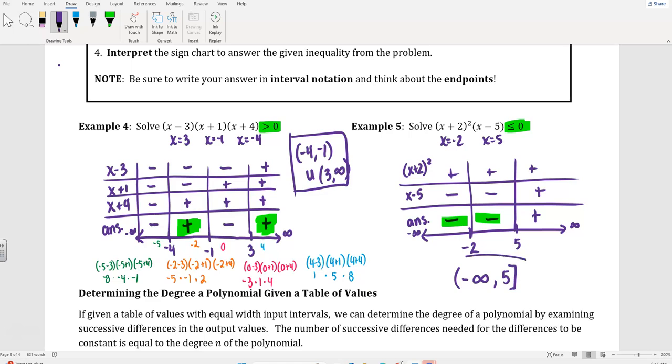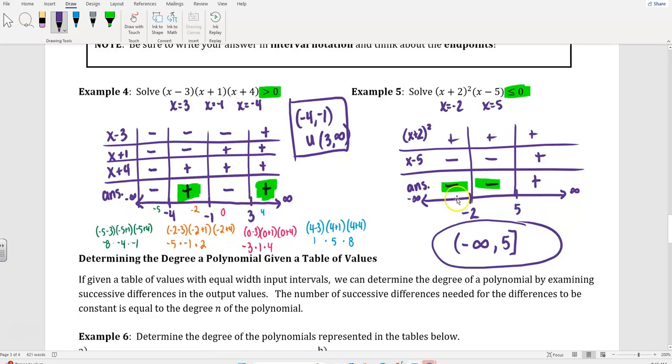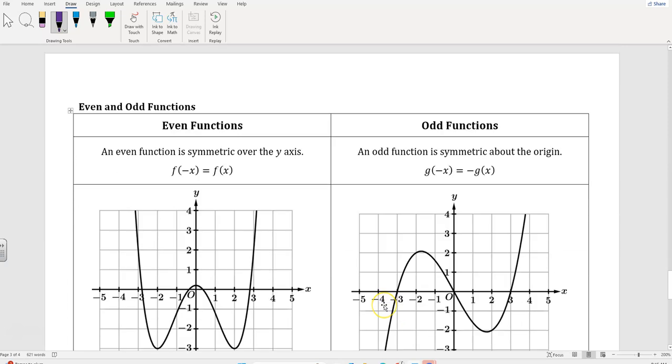Okay, so this function is below the x-axis. It is less than or equal to 0. It is negative all the way from -infinity up to 5 for this. Okay, questions? All right, that takes care of that.